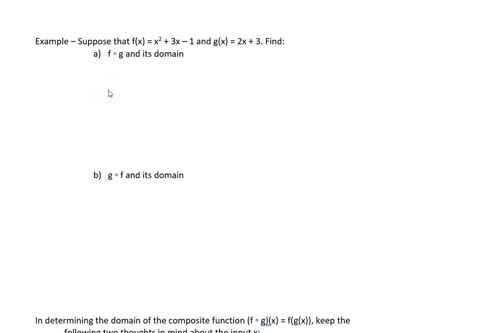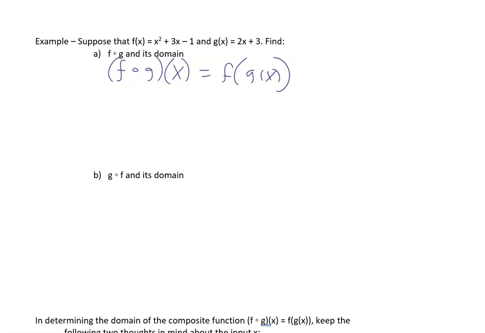So suppose that f of x equals x squared plus 3x minus 1, and g of x equals 2x plus 3. We want to find first f composed with g and its domain. Well, remember that by definition, f composed with g of x means f of g of x.